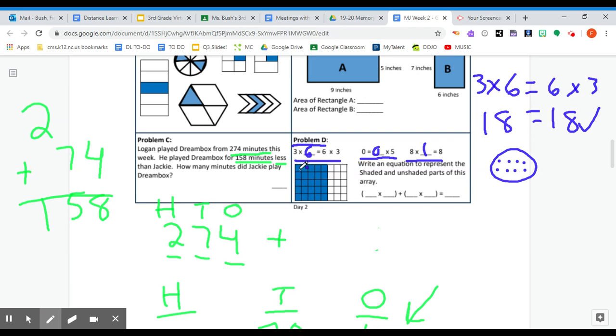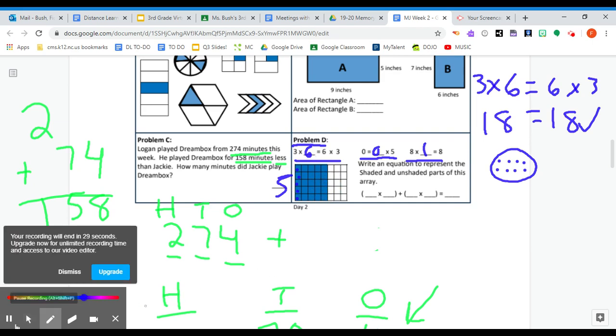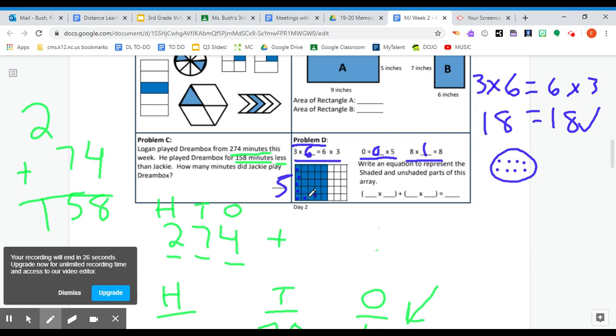So I have 1, 2, 3, 4, 5 rows. So I'm going to write a 5 over here. I'm just looking at the shaded part of my array right now. And then I'm going to count my columns. So I have 1, 2, 3, 4, 5, 6, 7, 8. So I have an array that is 5 times 8.